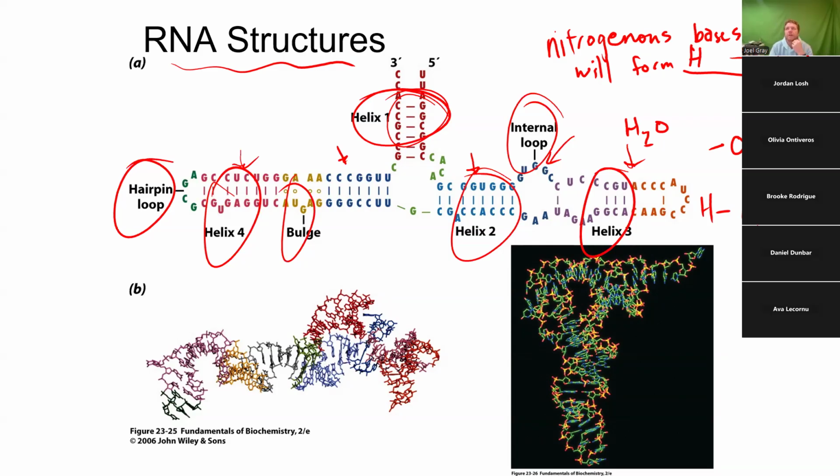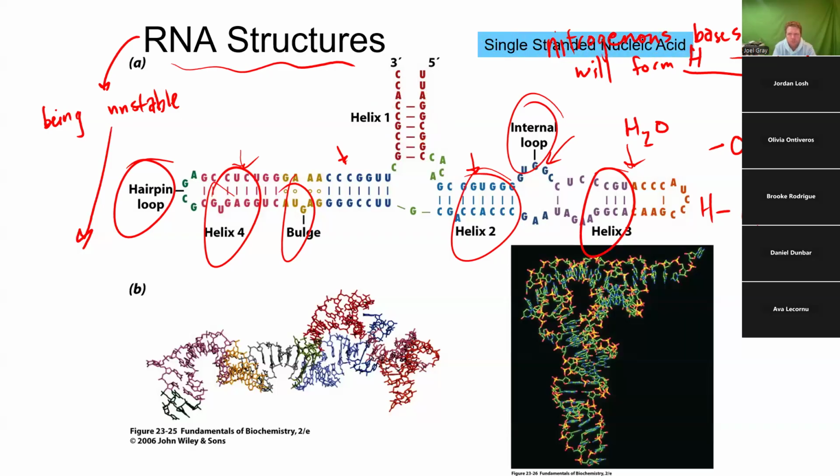I just want you to think about an RNA molecule as, because it doesn't have the double helix structure that DNA does, it's going to hydrogen bond with lots of stuff. And when it hydrogen bonds with lots of stuff, that can lead to an RNA molecule being unstable. Here's that single-stranded RNA molecule.